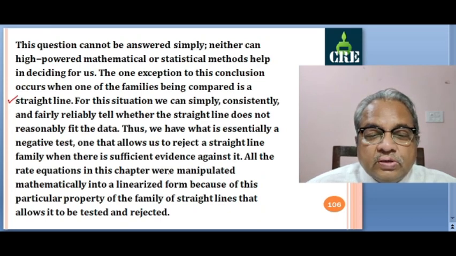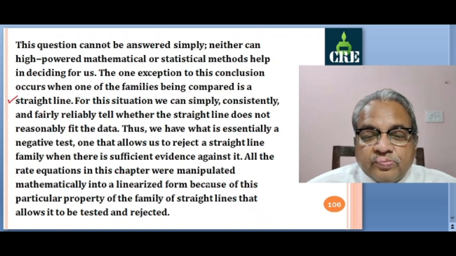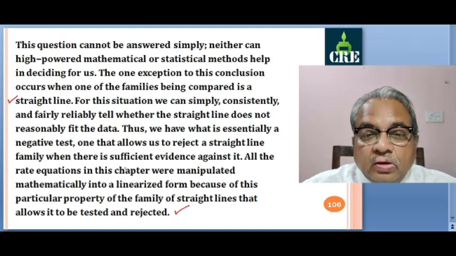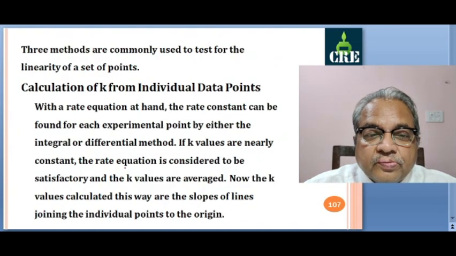All the rate equations in this chapter were manipulated mathematically into a linearized form, the integrated form of rate law, and finally a linearized expression. This particular property of the family of straight lines allows it to be tested and rejected or accepted depending on your best fit.